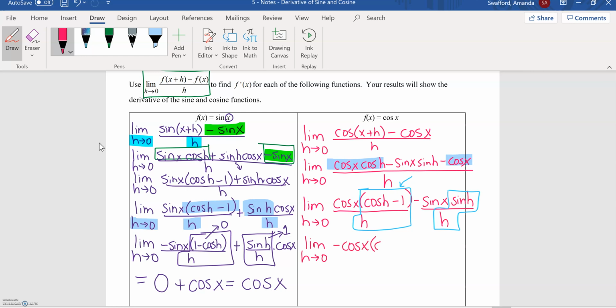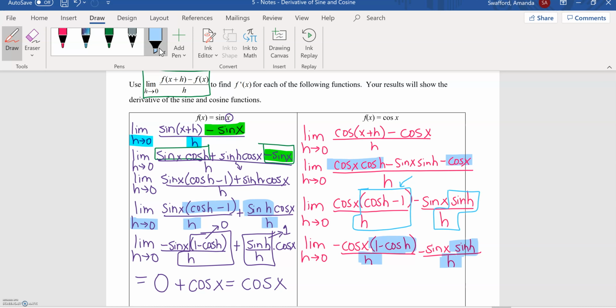And I'll have 1 minus cosine h over h, minus sine x sine h over h. Okay, so here's our special trig limit.